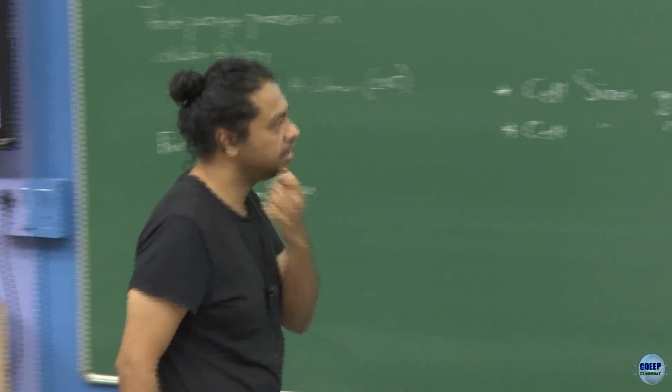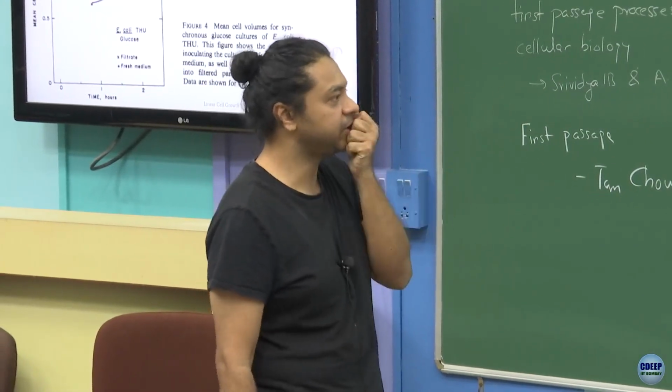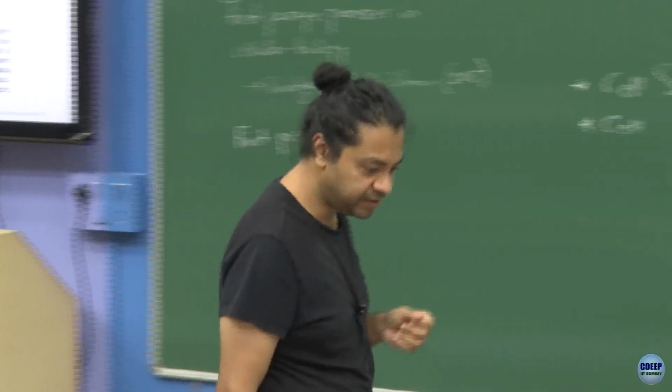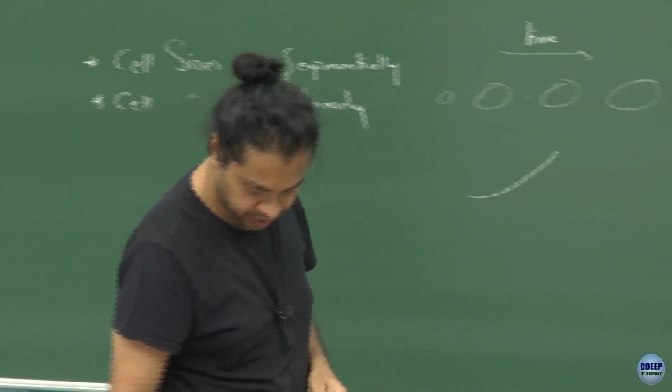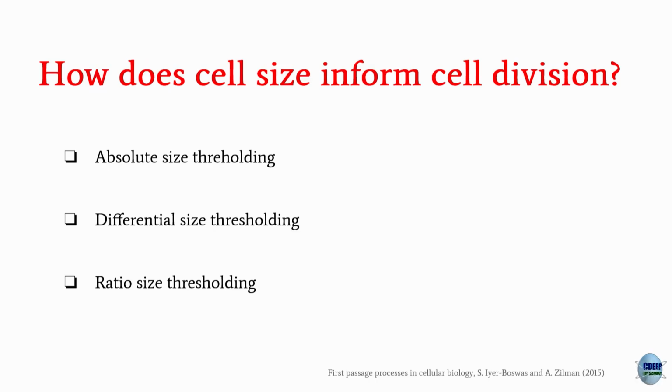And then the question is that when does the cell divide? Okay. It grows like this, either linearly or exponentially, and then at some point it divides. So, there are three possibilities that we'll discuss. And this has to do with how you think of this thresholding.